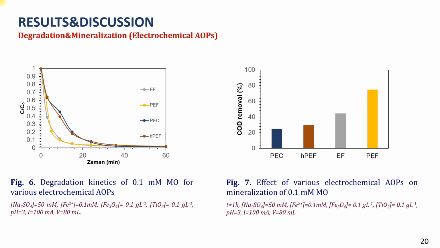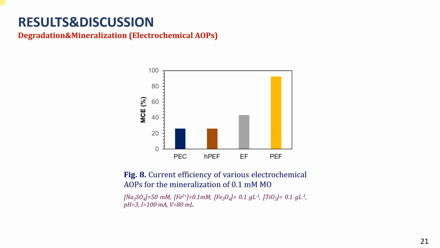They have nearly completely degraded the methyl orange within 15 minutes, and in the 1 hour mineralization study we have seen that the photoelectro-Fenton process has the highest mineralization yield, which has removed nearly 80% of the chemical oxygen demand of the methyl orange solution.